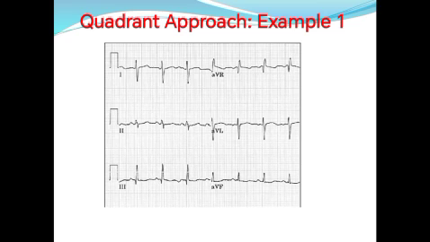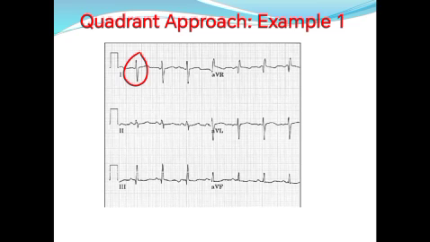For example, here, this is lead 1. What about lead 1 here? Definitely it is predominantly negative because the S wave is more than the R wave. Let's go to lead AVF.